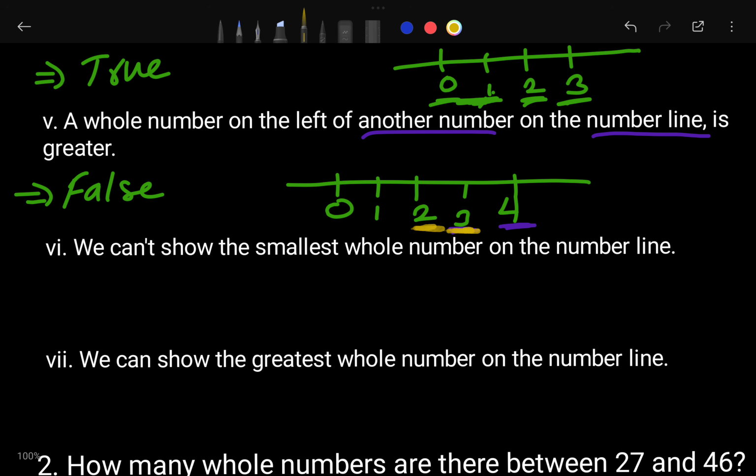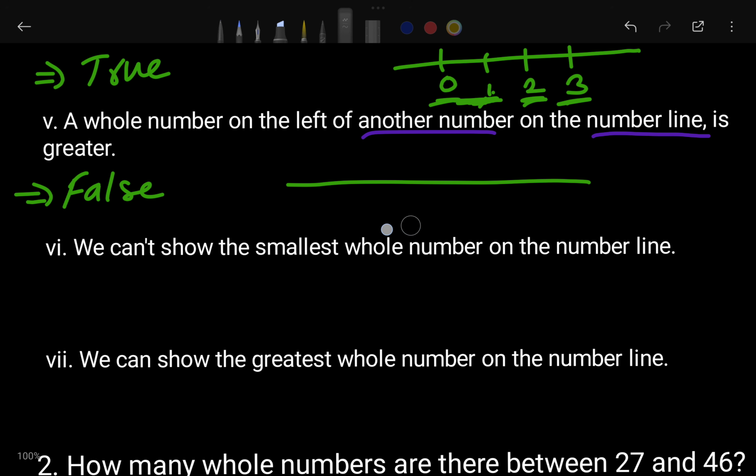If you see the 2 also, what is the left side of 2? That is 1. If you see 1 and 2, which is greater? 2 is greater, but he is telling that whatever is on the left side of the whole number has to be greater. Is 1 greater? No, it is not greater. When you compare 4 and 3, is 3 greater? No. When you compare 3 and 2, which is greater? 3 is greater. So left side numbers are not greater, they are smaller. Okay, so that's why this statement is false.